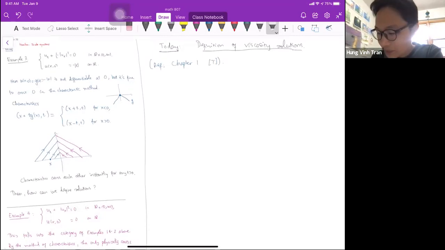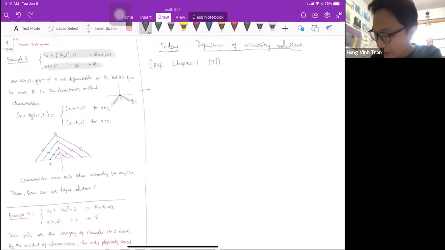The first one was a normal Hamilton-Jacobi equation with kinetic energy and zero potential energy, and the initial data is a little bit weird. It's concave and going downward like that.